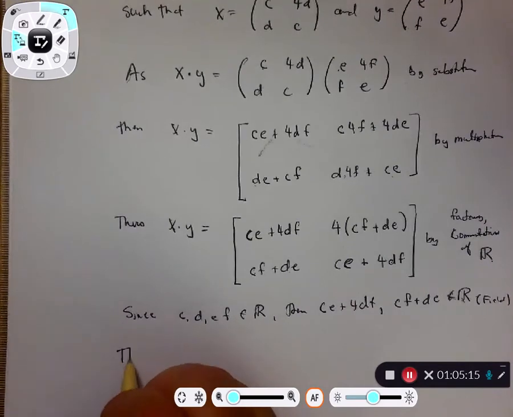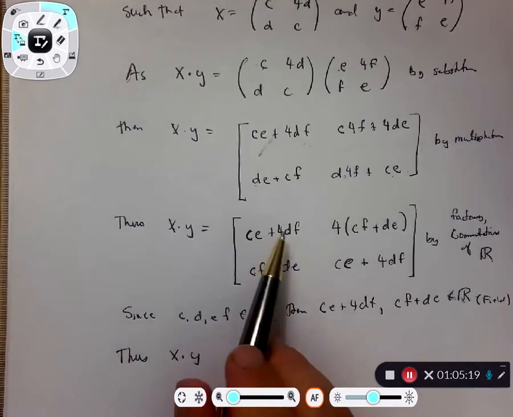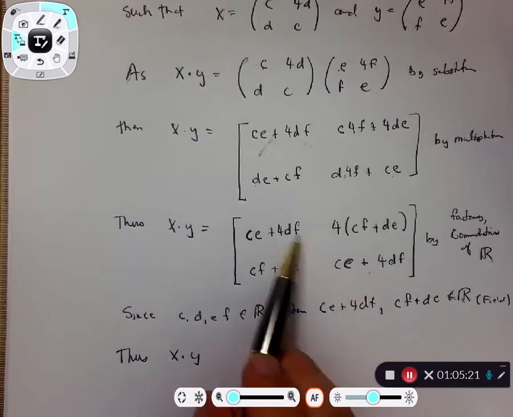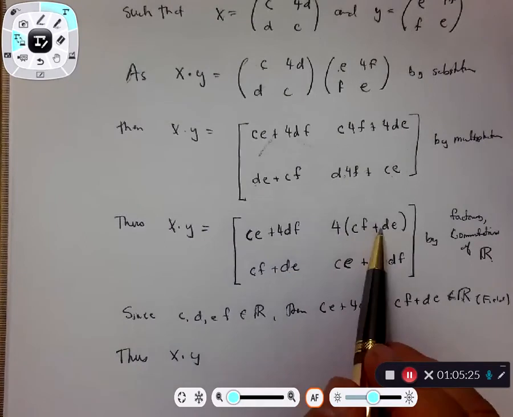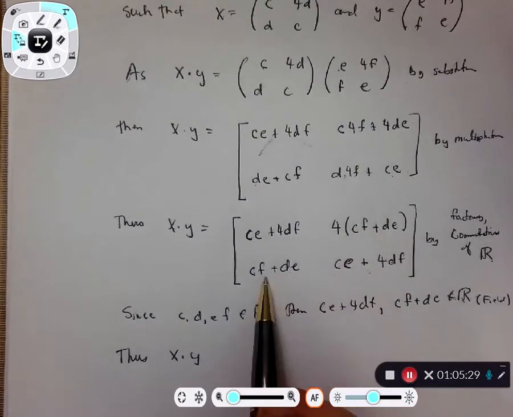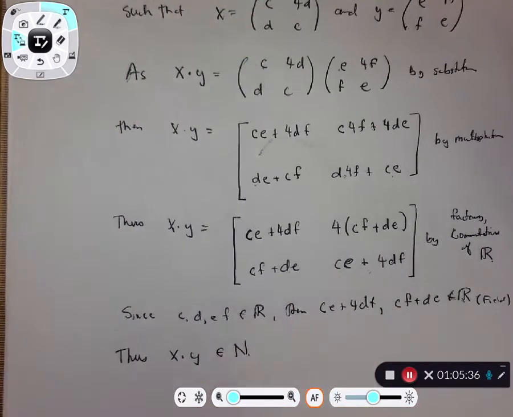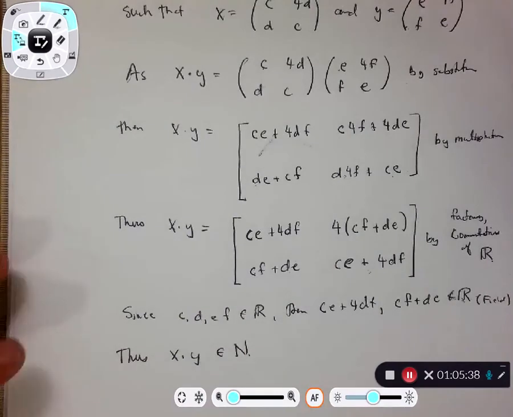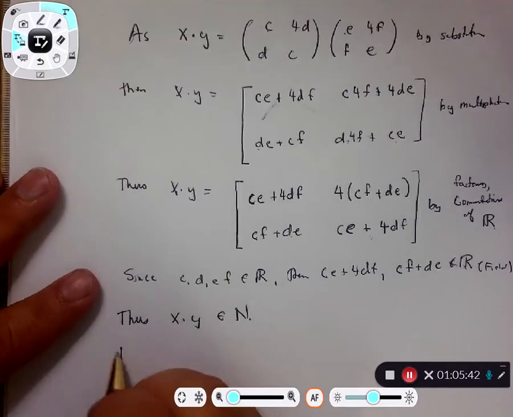Thus, x times y. Look at the structure. The main diagonal is the same. The off diagonal, this is 4 times the element, and the upper component, the lower component, is the element itself. It has that ring structure. Thus, x times y is an element of N. And then the piece de resistance is the famous therefore.